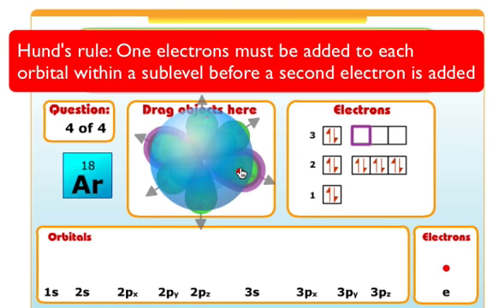And in each of those, we can add 1 electron to start, and again, according to Hund's rule, we have to add 1 electron to each of these orbitals before we go back and add our second electron. And so now we have 18 electrons added, and you'll note that we've got opposite spin within each of these orbitals.